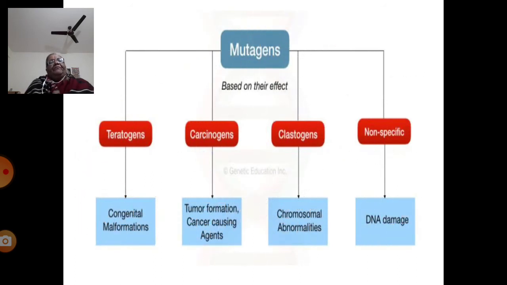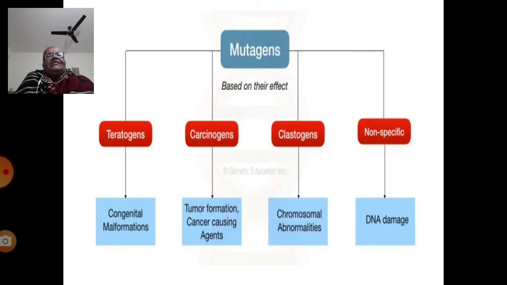And then, based on their effect, mutagens can also be classified in yet another way as teratogens, carcinogens, clastogens, and non-specific category. Teratogens are the mutagens which bring about congenital malformations. Carcinogens are the mutagens which induce tumor formation.